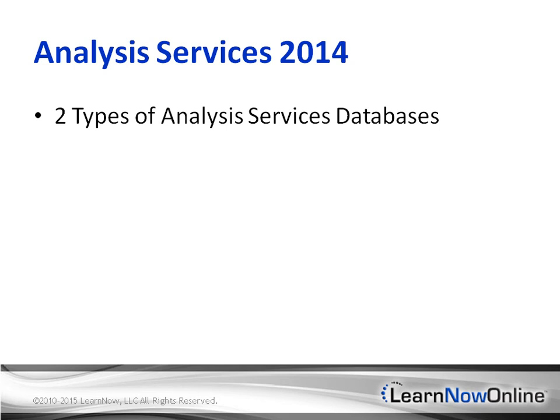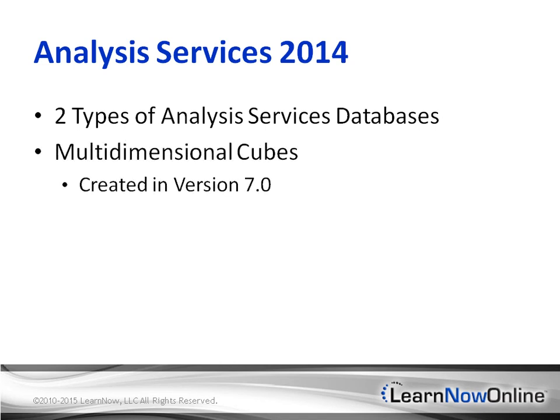There are two types of analysis services databases since version 2012. These are the multidimensional cubes, which have been inside of SQL Server since around version 7.0. This version of analysis services is referred to as Online Analytical Processing Databases, or OLAP.